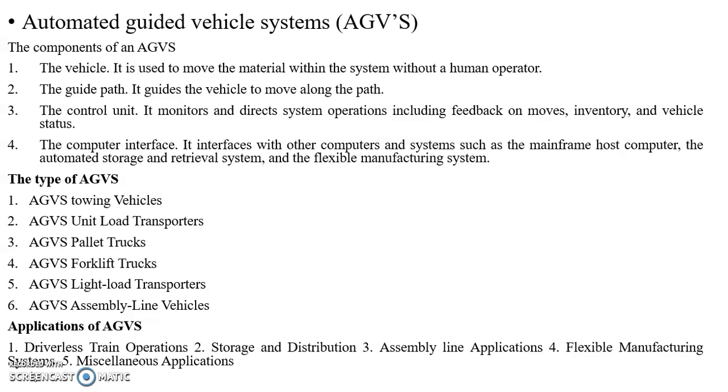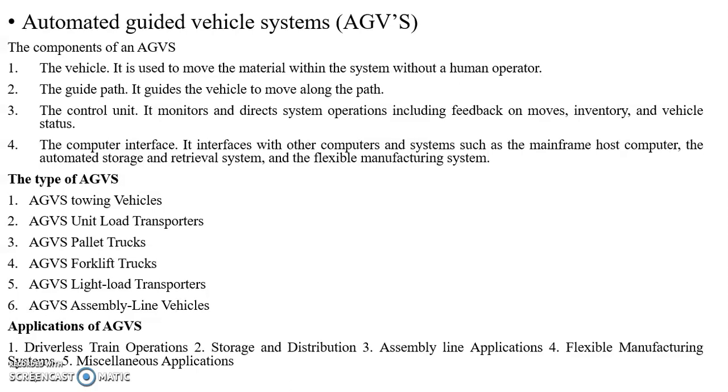And last one is AGV assembly line vehicles. These are the adaptation of light load transporters for applications involving a series of assembly processes. The guided vehicles carry the major subassemblies such as motors, transmissions or even automobiles. The major advantage of AGV assembly line is lower expense and ease of installation compared to old assembly lines.